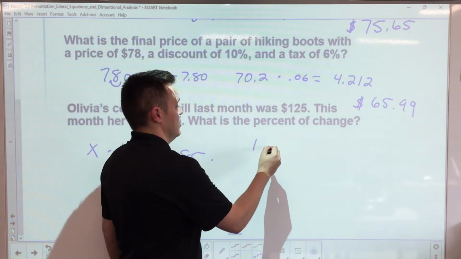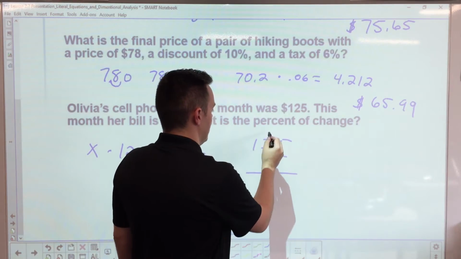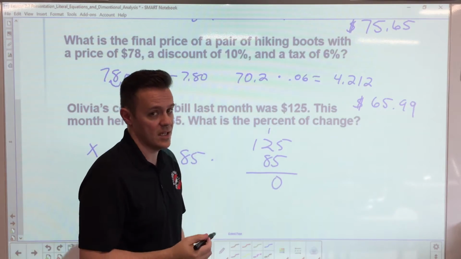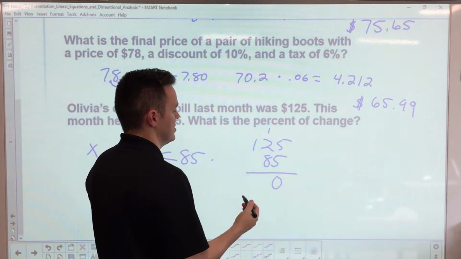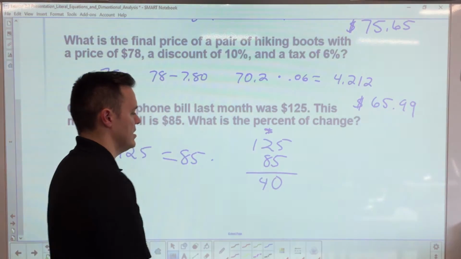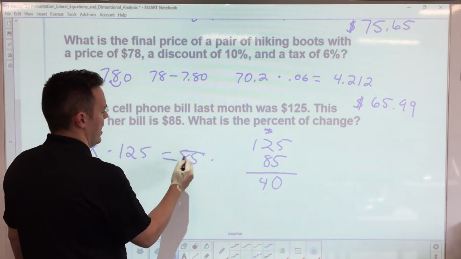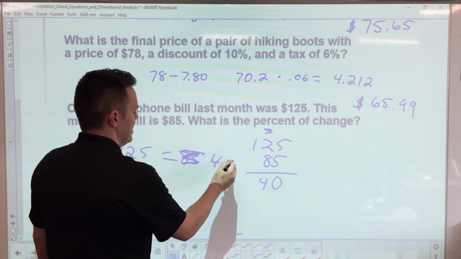So let's work backwards here. All right, I'm showing you guys probably how to do this completely different than what I did in class. So hopefully this is a good understanding. Oops, that's a 0, and then that's 12, so that'd be 40. Okay, so your difference is $40. So X times this is going to equal, actually, not 85, but it's going to equal 40.